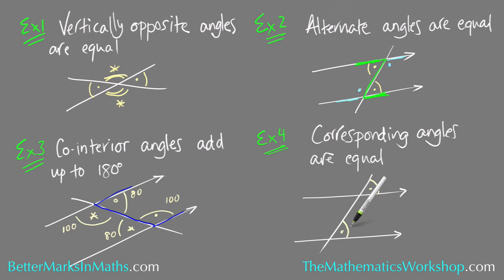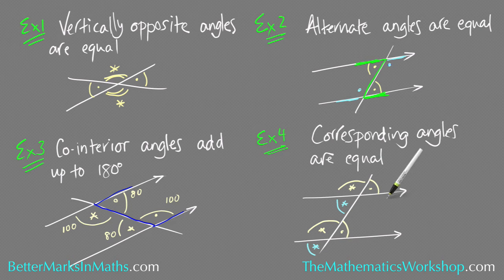So if this angle here was 80 degrees, this one here would be 80 degrees as well. And there's also two corresponding angles here in that position over here, there and there. There's also, just changing color, a blue one here and then a corresponding angle down here. So those two are corresponding.